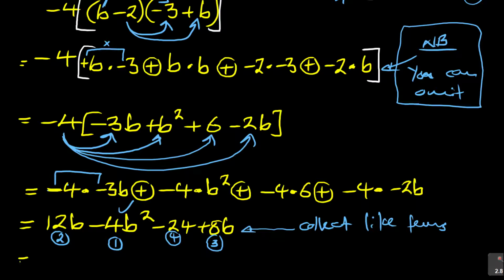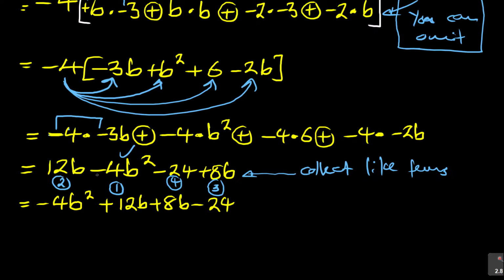So let's write it. Sorry, I started with negative 4 actually. It's negative 4b squared, and then plus 12b plus 8b minus 24. By doing that you've actually collected like terms. Look at this one.